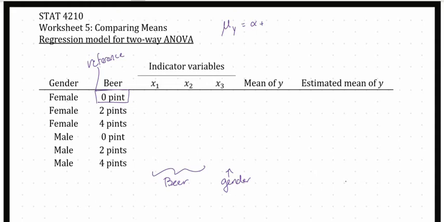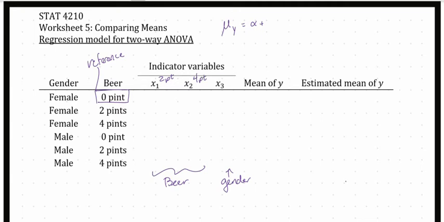The default is you wake up in the morning and I assume you've had nothing to drink. So our indicator variable x1 is going to be for 2 pints, and our indicator variable x2 is going to be for 4 pints of alcohol.